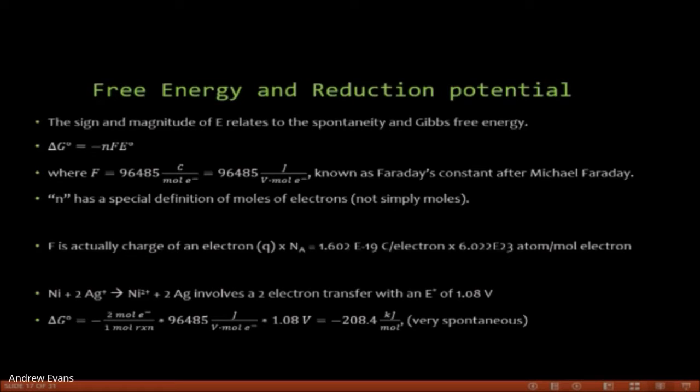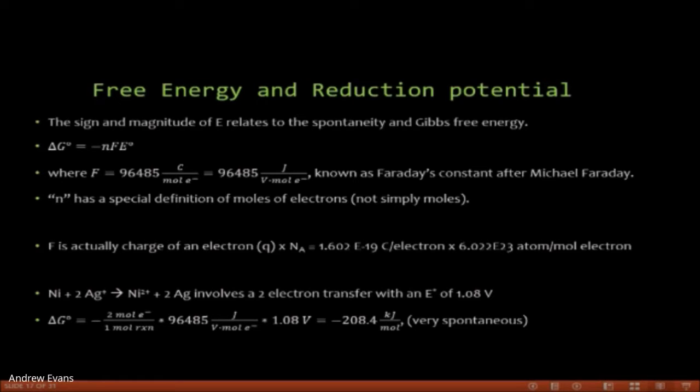Now, where does the number for Faraday's constant come from? It's just a rearrangement of two numbers we hopefully know, but one of them we don't know very well. Number one is the charge of an electron, briefly discussed way back in chapter 2 when we talked about the subatomic components of an atom. Someone had managed to discover that the charge of an electron is equal to 1.602 times 10 to the negative 19th coulombs. I'd like to say that was maybe Millikan.